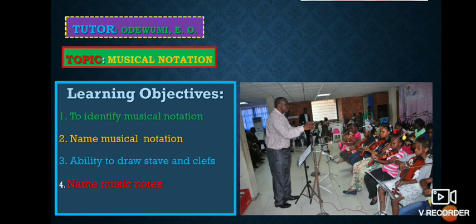Number two, name every musical notation. Three, draw the stave and clefs correctly. Lastly, name musical notes.